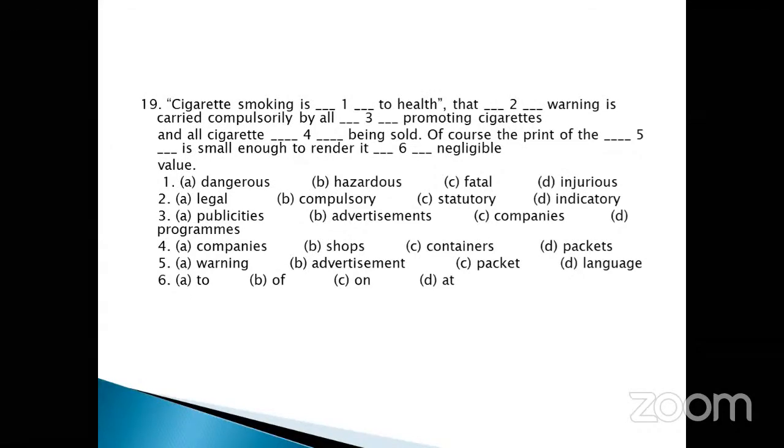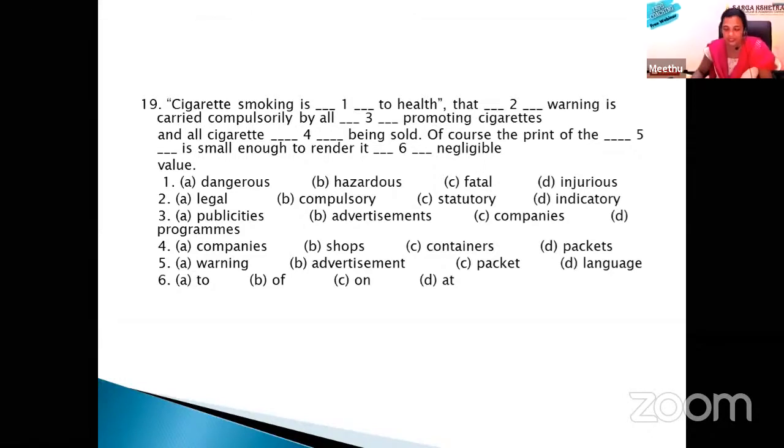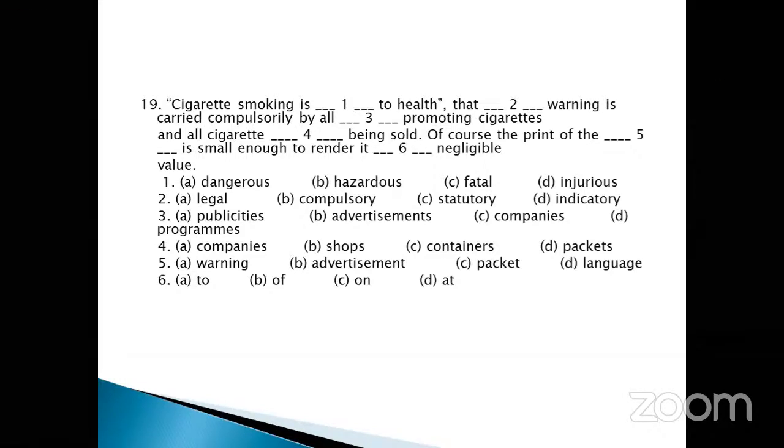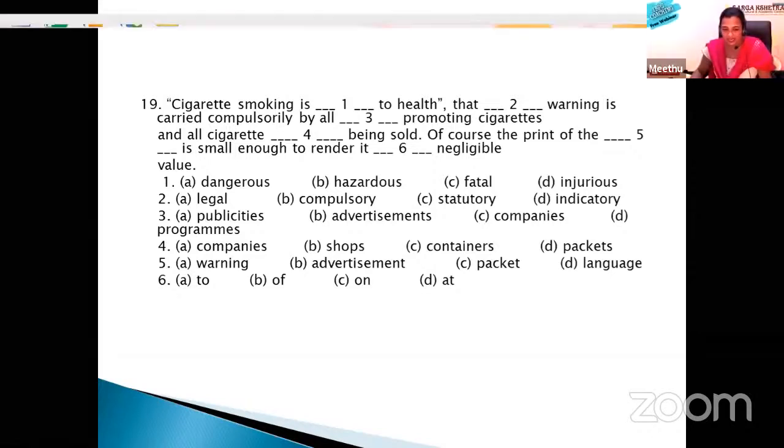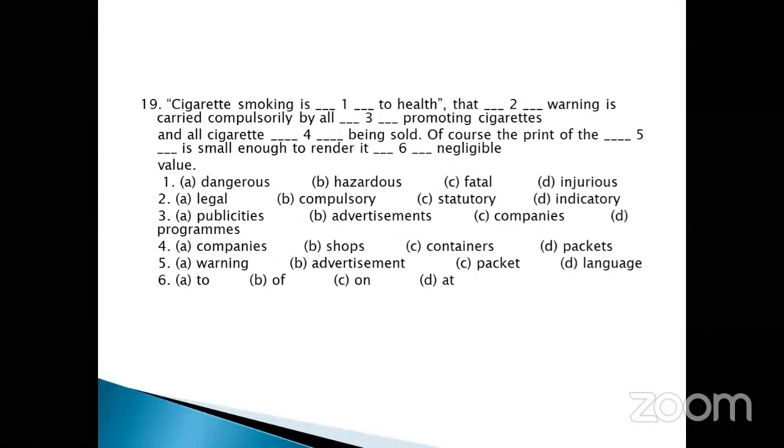A, legal. Option C, warning. Could you please explain the word? Just mention the word for option B and C. Just make a guess. I'll give you the answer since there are different parts of the answers. Legal warning.